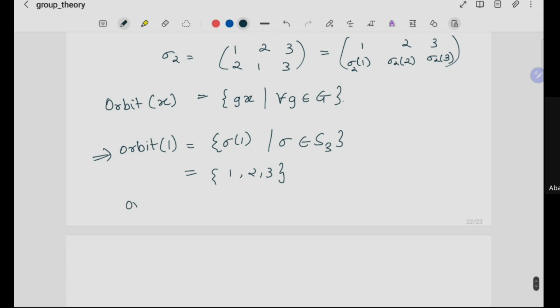And in general, the orbit of 1, with sigma belonging to Sn, will be the entire 1 to n, because if I am taking Sn, then my X is 1 to n. That's what we are taking.